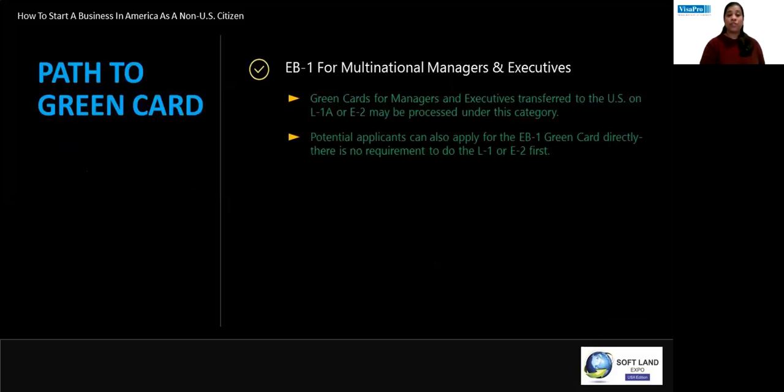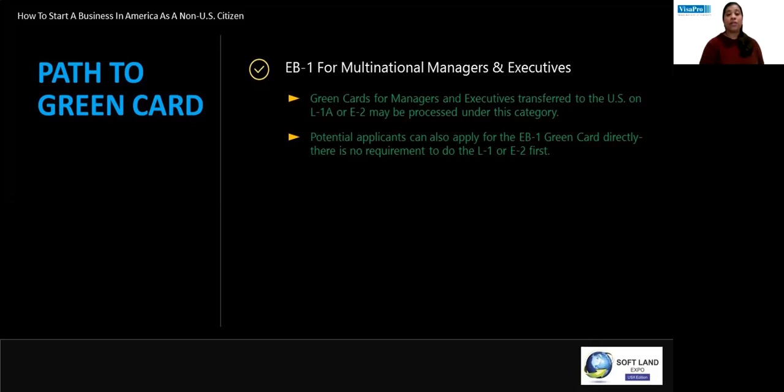Now, for those interested in a more permanent or long-term green card option, there are several paths to the green card, but the two most popular paths for investors and entrepreneurs are the EB1C and the EB5. The EB1C for multinational manager and executive transferees.